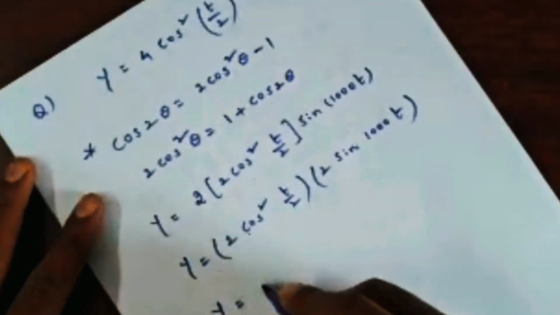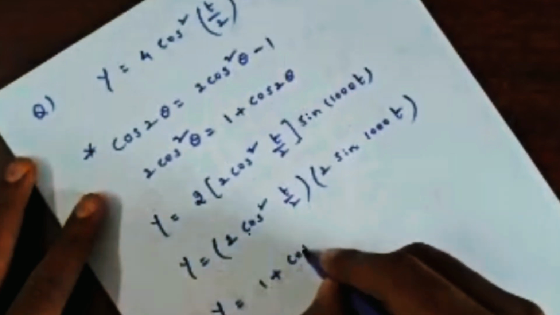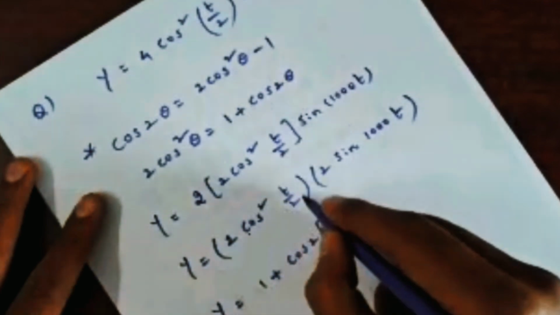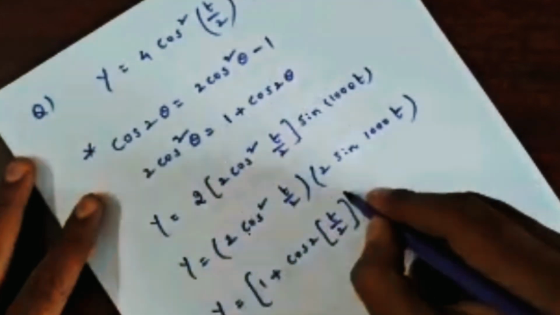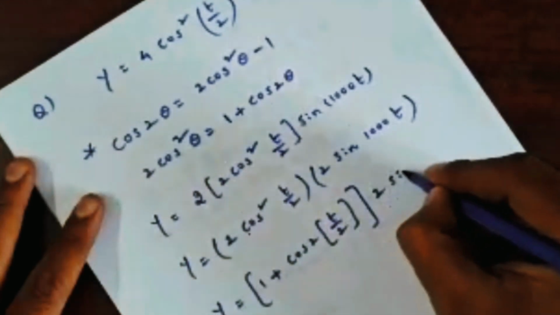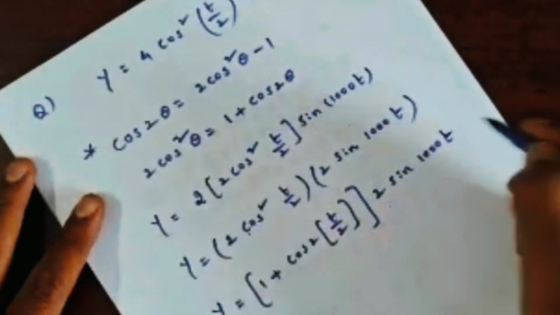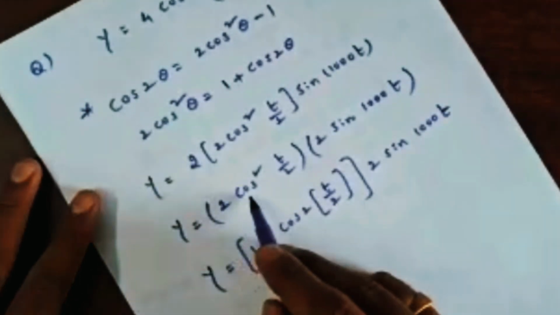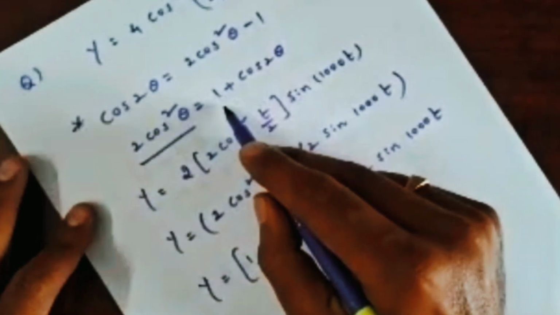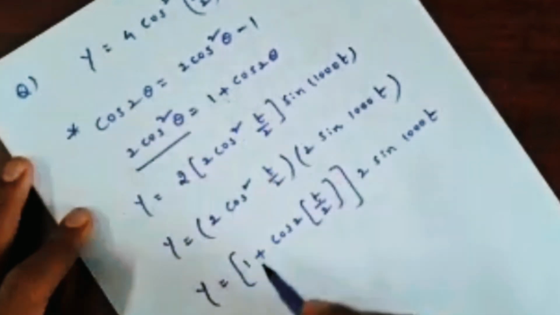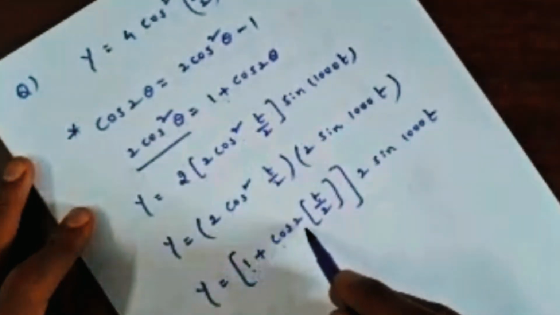Y is equal to 1 plus cos 2 times, in the place of theta, t by 2, into 2 sine 1000 t. Very simple. 2 cos square theta, what we used to write it as? 1 plus cos 2 theta.